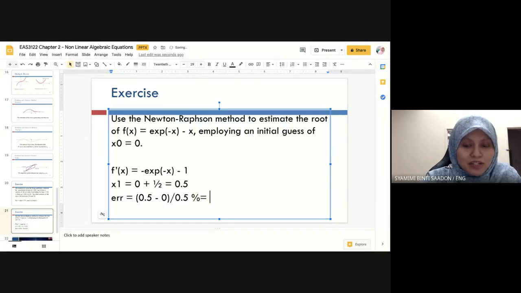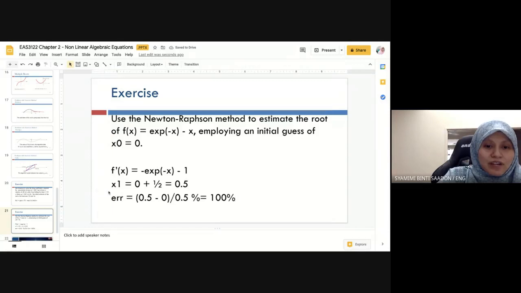So this one is 100%, still big. So next, calculate x2 and then calculate the error.